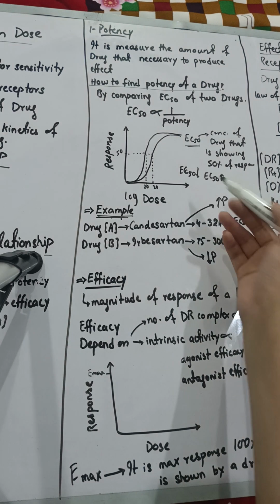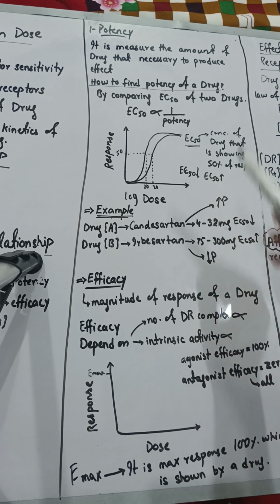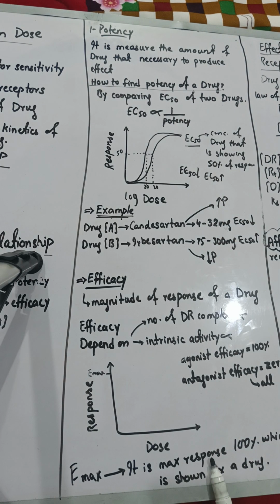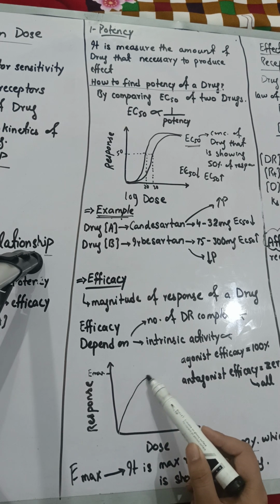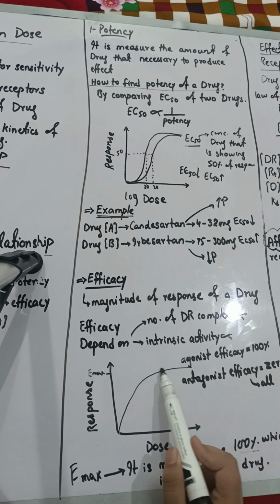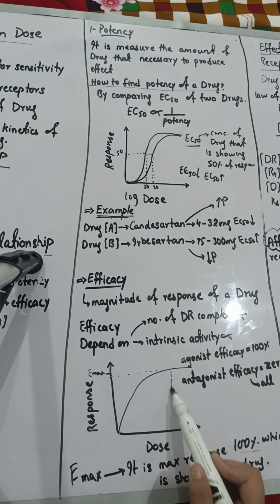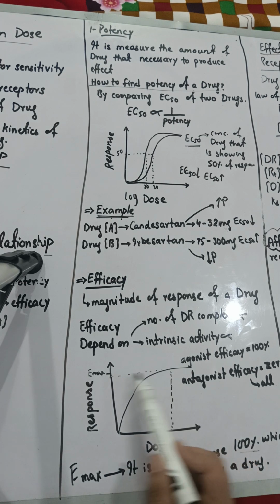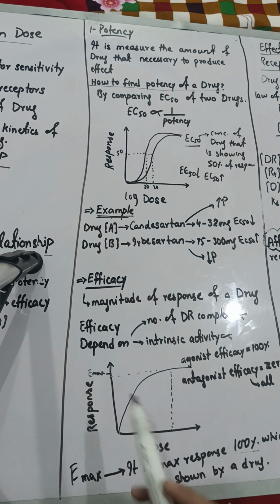So what is EC50? It is the concentration of drug at 50% of response. But Emax is the maximum response of 100% shown by our drug. Let's suppose your drug is going and has this. It means at this concentration it has Emax, it has 100% of its response. So this is called efficacy.